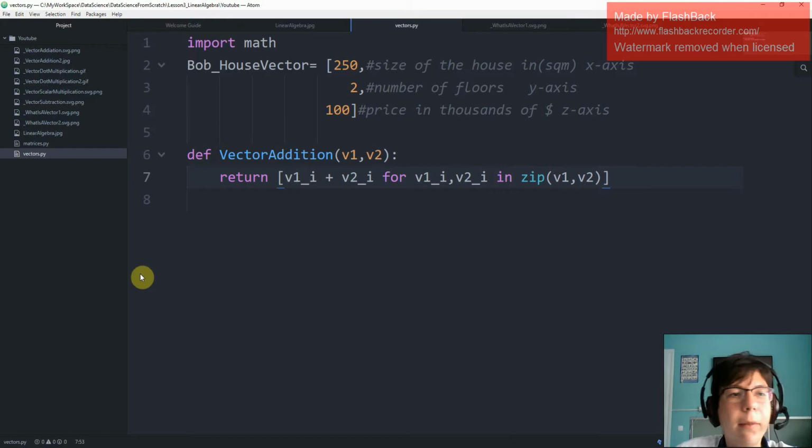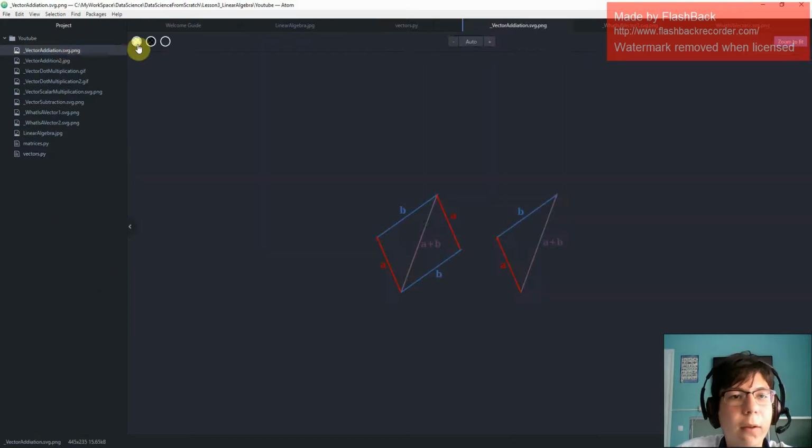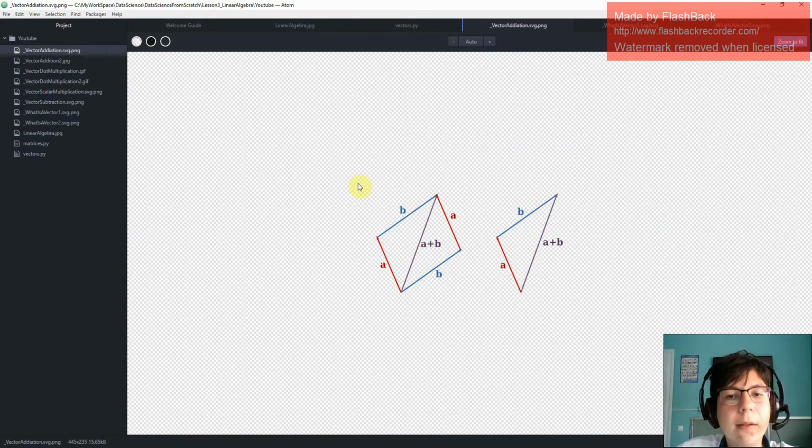I have some images of the vector addition here. So this is the geometrical representation of the vector addition.